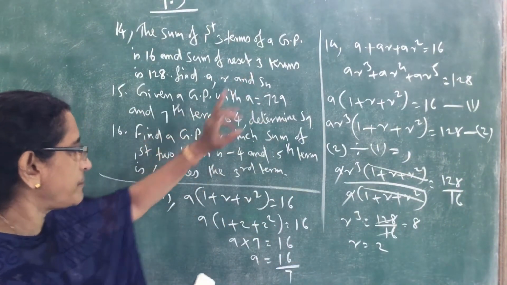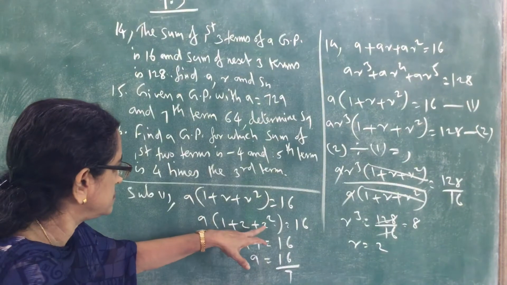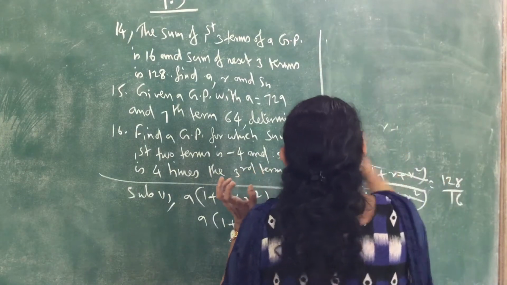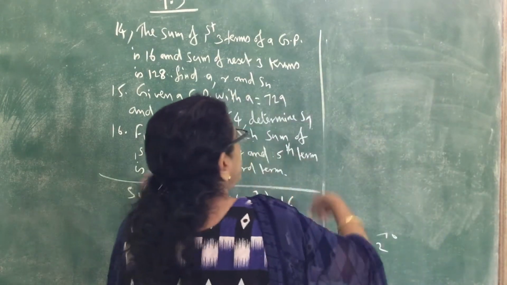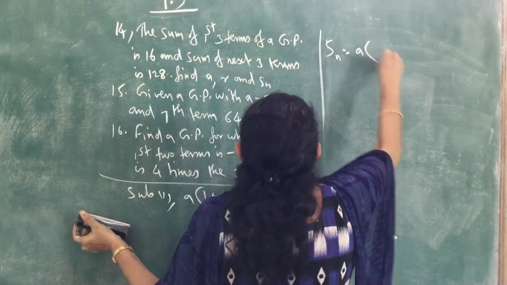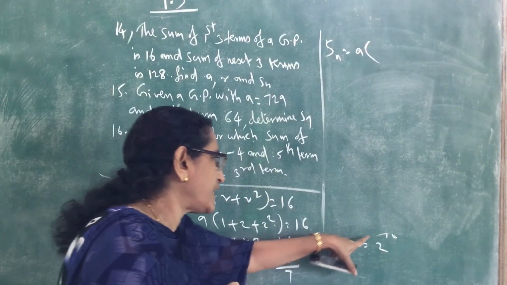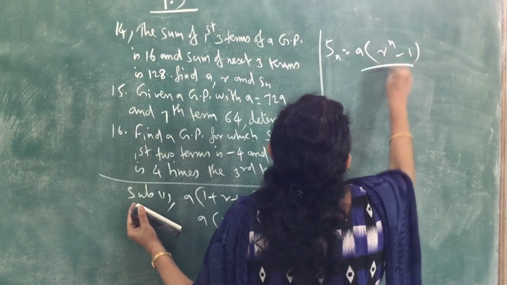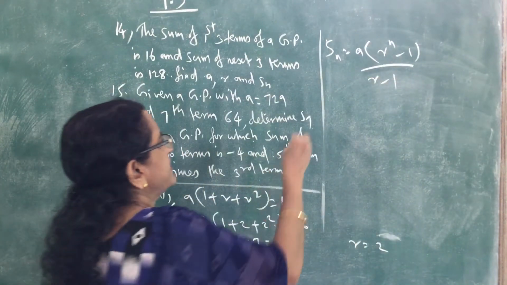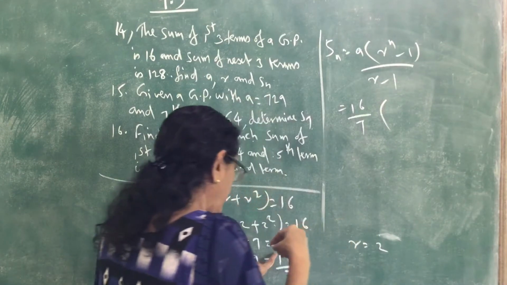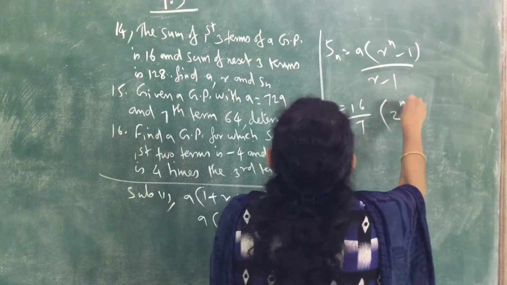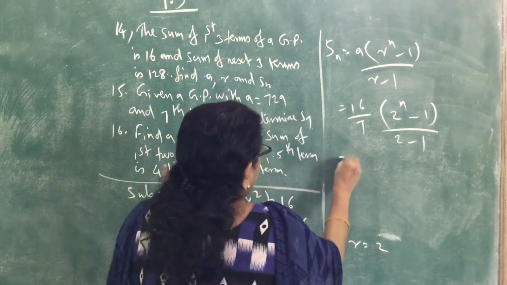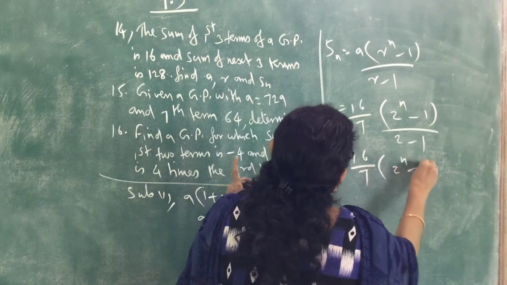Then we can find Sn, the sum to n terms. Now Sn equal to A into R raised to n minus 1 by R minus 1, where A equal to 16 by 7, R equal to 2. So 16 by 7 into 2 raised to n minus 1 by 2 minus 1, that is equal to 16 by 7 into 2 raised to n minus 1.